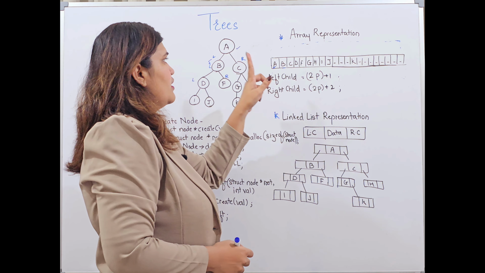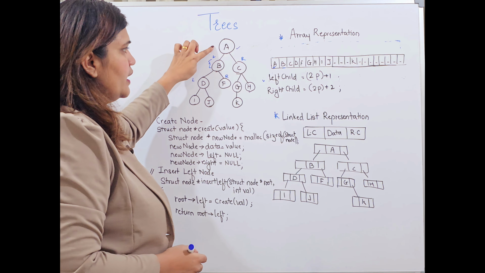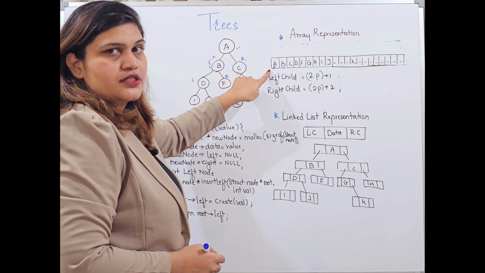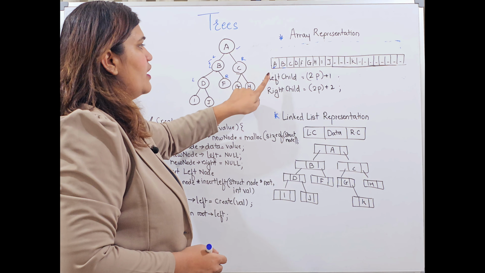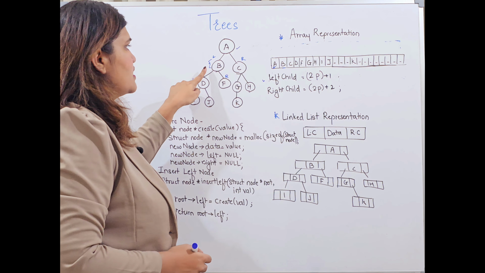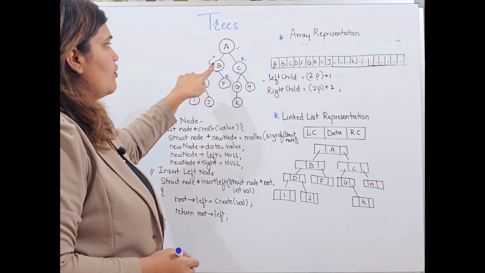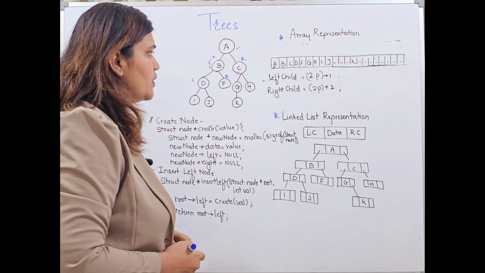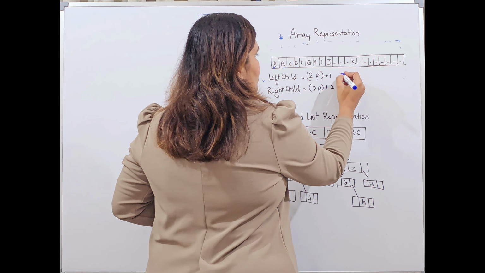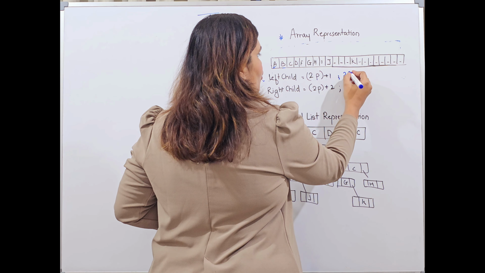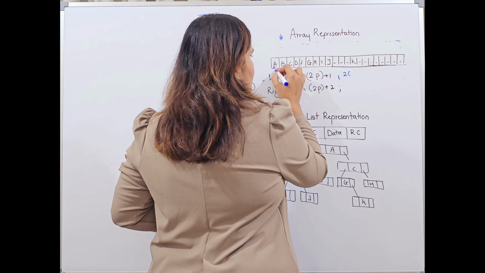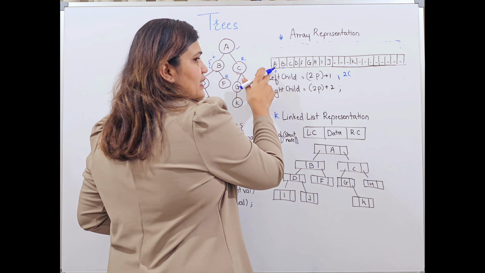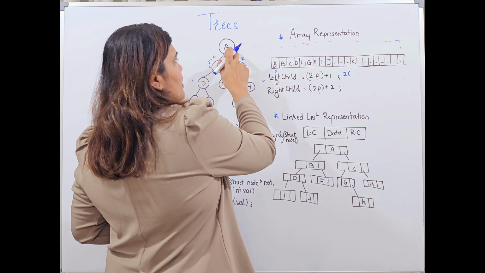Let's try to understand the very first node, that is root node A. So I'll put A first. Then I'll check where the left child will go. In this case, left child is B. Now I want to check where this B will be placed in the array. So how will I calculate it? Here, 2 of P. What is P? Which index value are you going to take? Index value of the parent, which is 0.